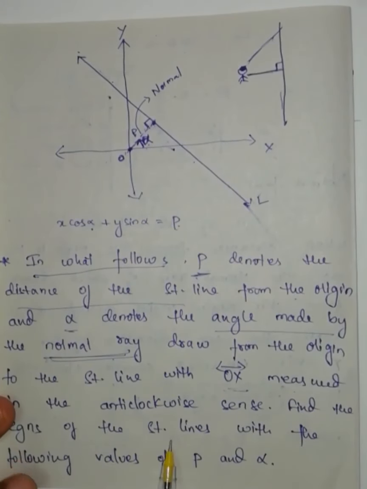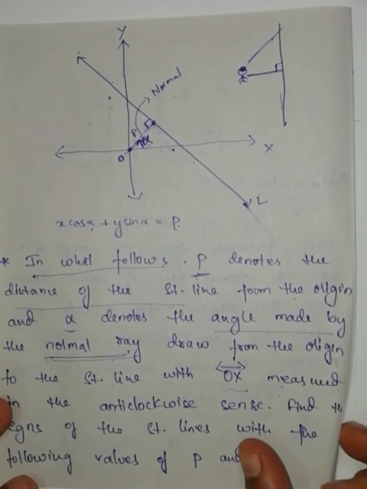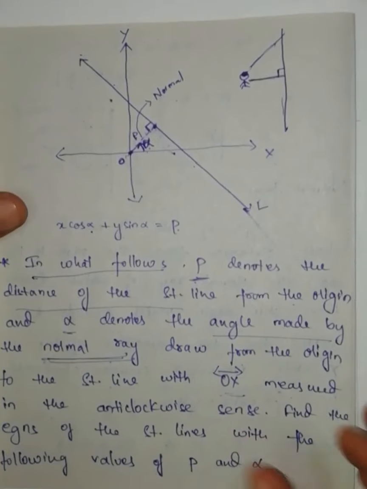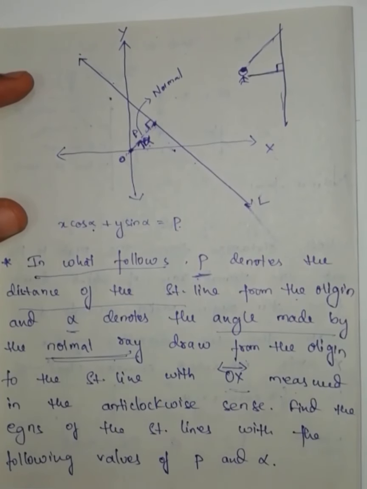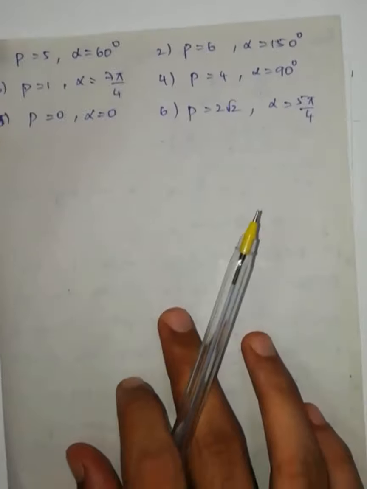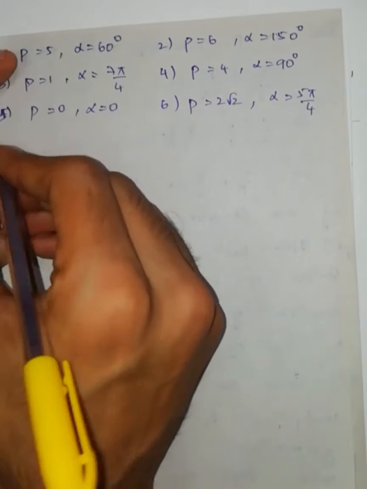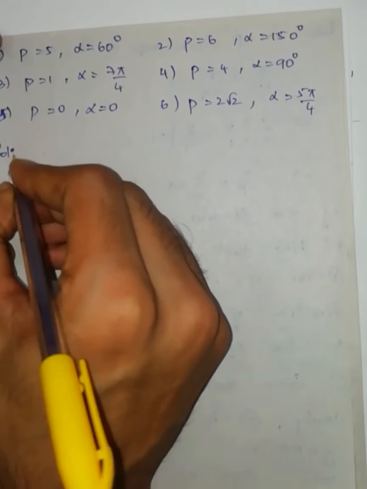We have to find the equation of a straight line for the following values of P and alpha. Now, out of these 6, I am going to solve a few and the remaining will be homework.